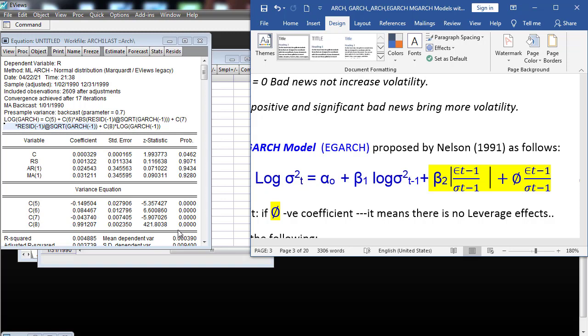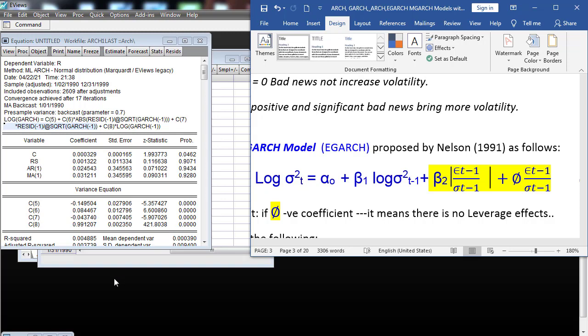This means the volatility persistence is very high, meaning if the market is volatile, it will stay highly volatile. It means the market remains volatile for many days.